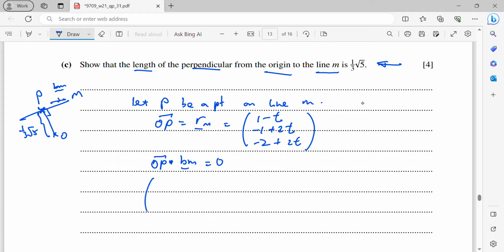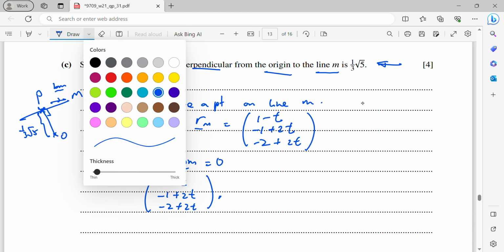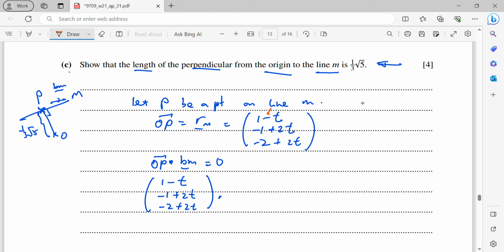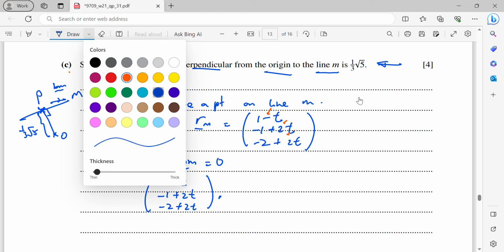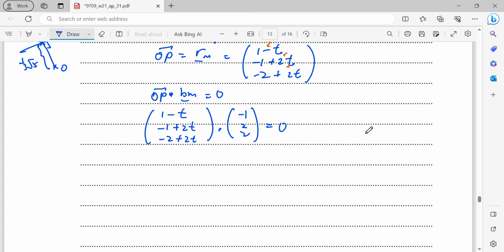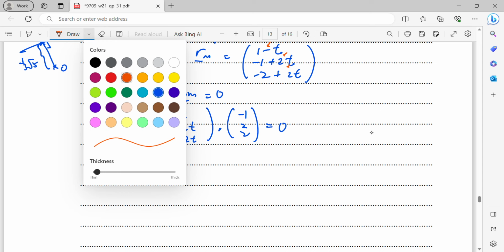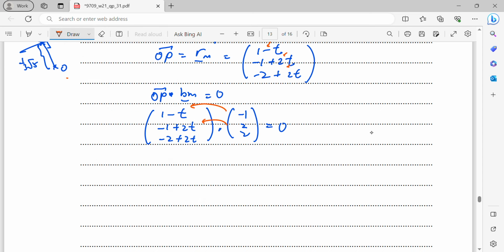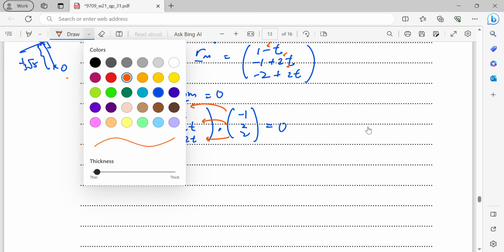So now my OP, 1 minus t, minus 1 plus 2t, then negative 2 plus 2t, dot with BM. The BM is basically the coefficients of the t, here minus 1, 2, 2. So I get minus 1, 2, 2, that equals 0. Now for the dot product, we need to expand and then add together.